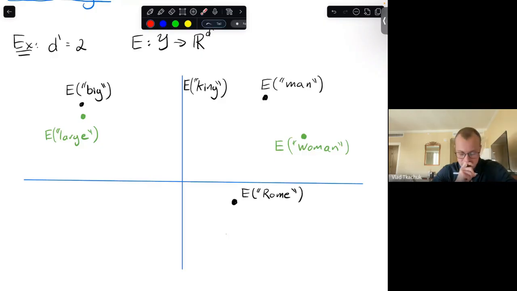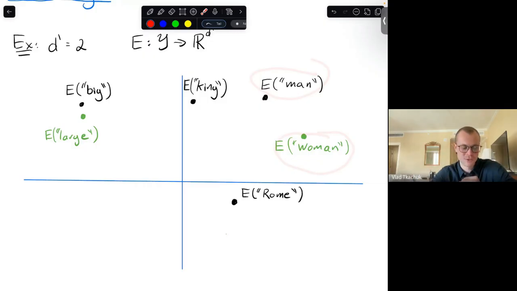Now suppose I wanted to find the embedding for queen, the vector representation for the word queen, and you didn't know what it is. Let's suppose king was here. You can do this interesting procedure: people will say that a woman is to a man somewhat like a queen is to a king.